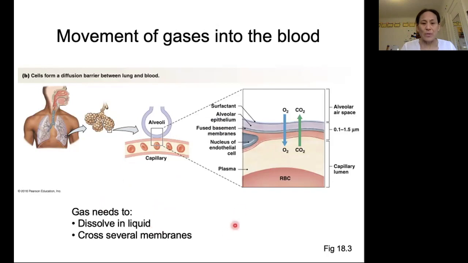And then secondly, we need to cross several membranes. You can see these membranes here. So we're going to start by talking about this process of dissolving the gas in the liquid and the factors that affect that. Then we're going to move on and talk about the factors that affect the diffusion of gases across membranes.